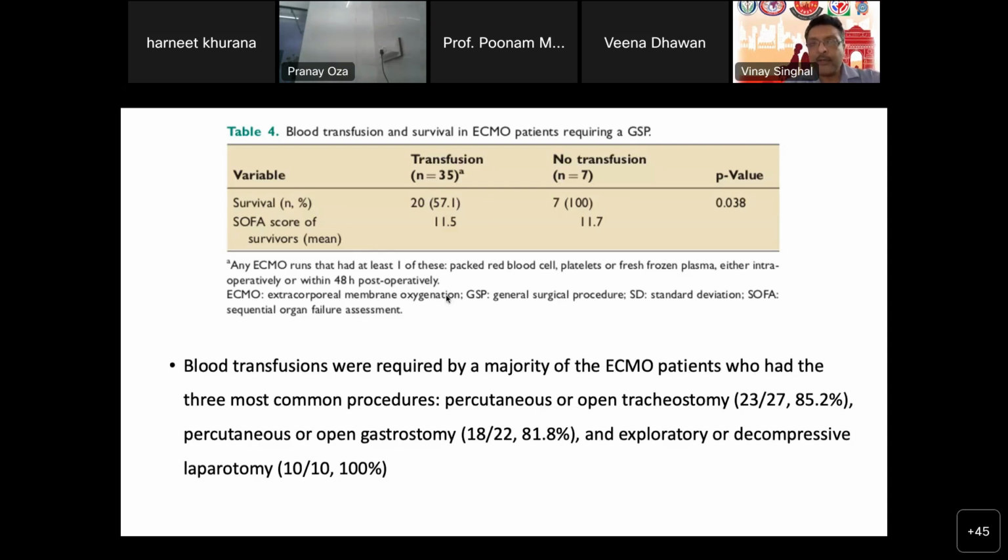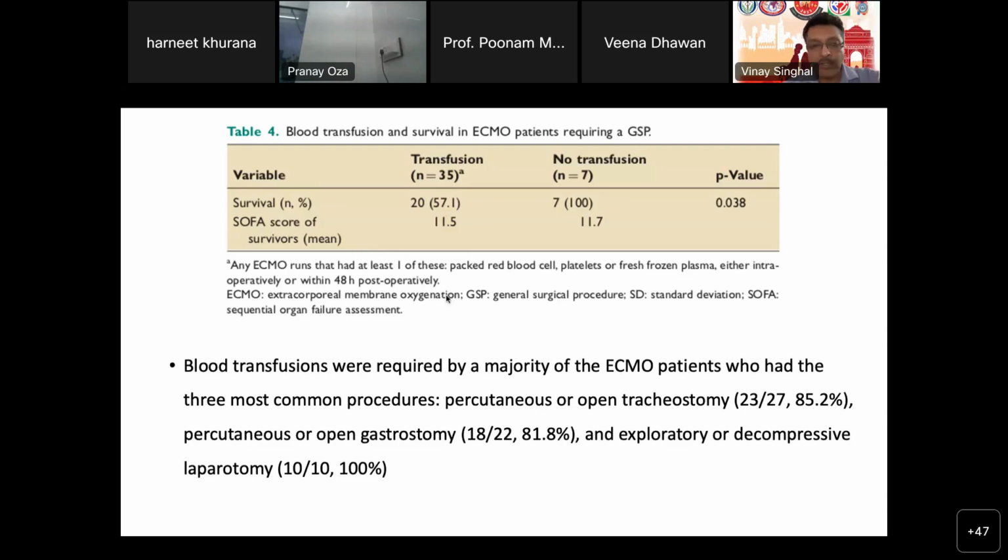And you can see approximately 20 patients survived here. That is approximately 57% of patients who received transfusion survived, and 100% of patients who received no transfusion survived. So all these things are related to poor survival rates.